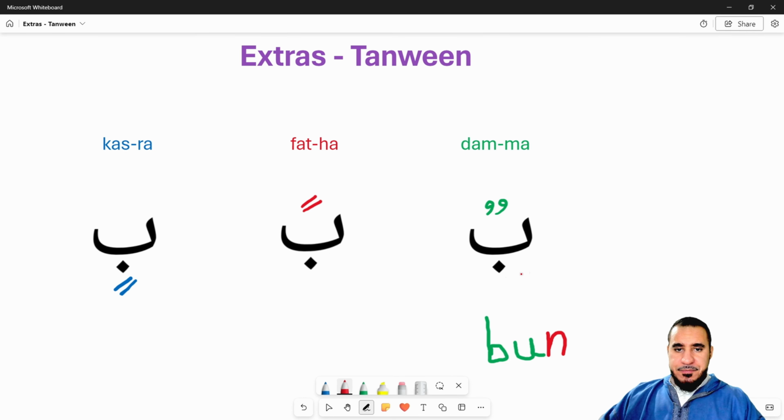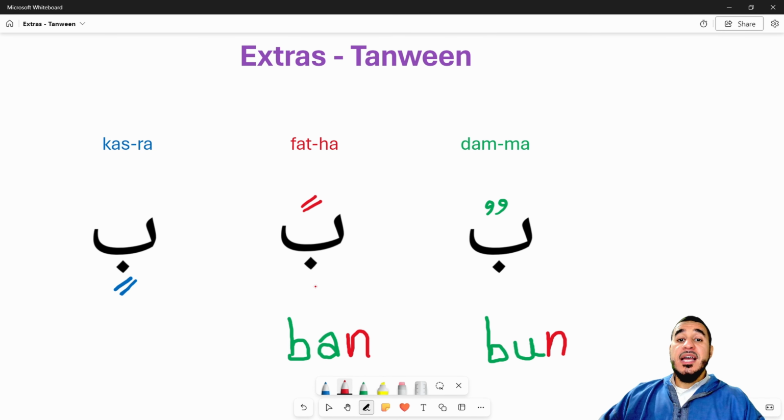Bun. Okay? So what about when we have the fatha as a tanween? So then we would say ba, if it was just a singular fatha, okay? But because it's the tanween, because it's been doubled, then it's telling us it must end with an N sound.